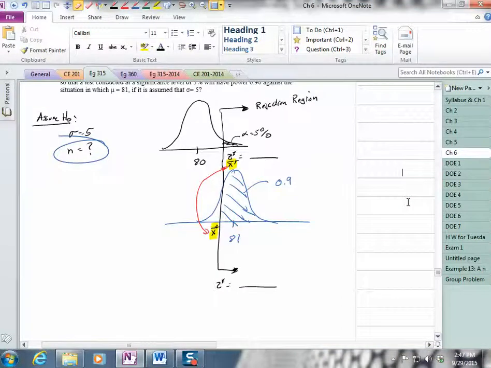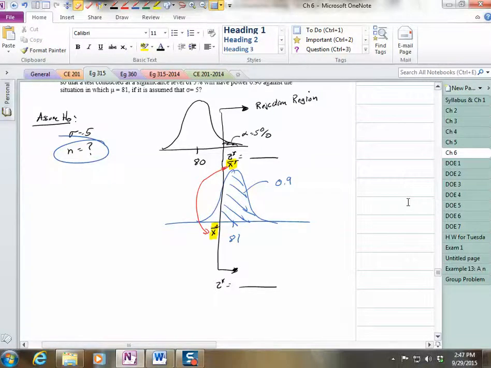Can you get a z star for both distributions? Yes, I would start there.